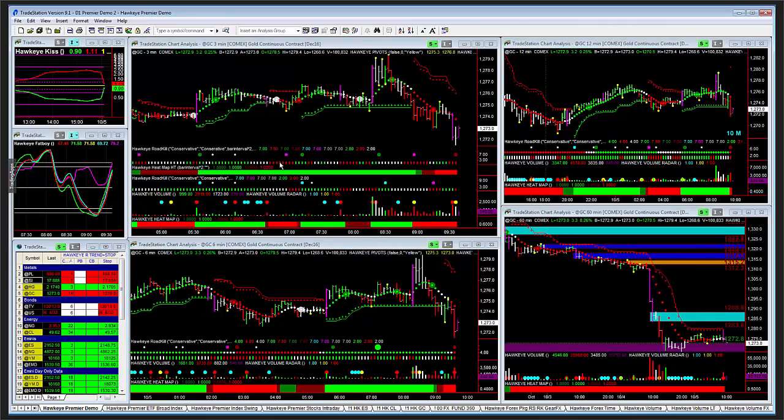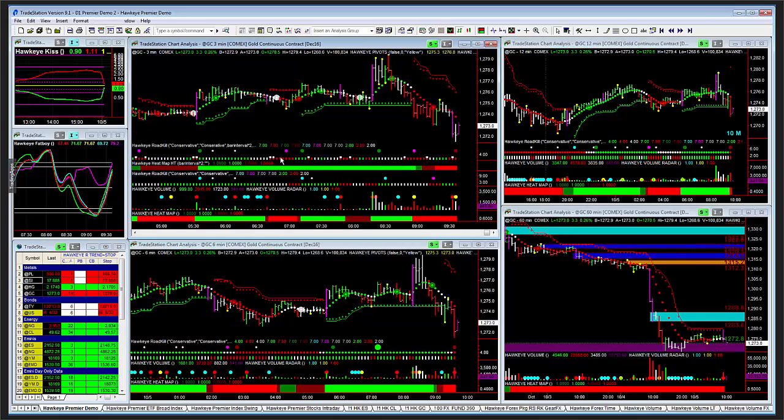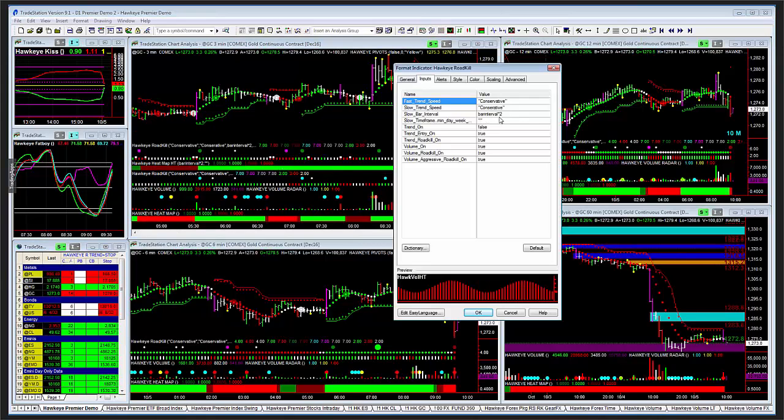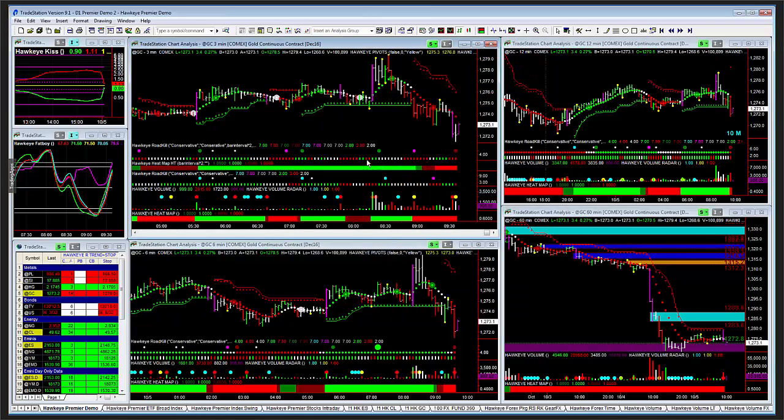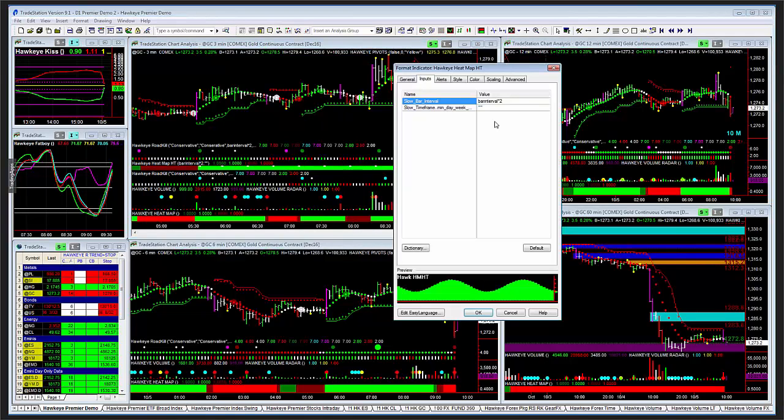This roadkill is set up as a bar interval times 2, which is a 2 times 3 time frame. 2 times 3 is 6, so I'm looking at a 6-minute time frame on my second chart. All right, so I'm looking at the volume, and you can see what the higher time frame is. Yep, higher time frame is that same bar interval, 3 minutes times 2, or 6 minutes.